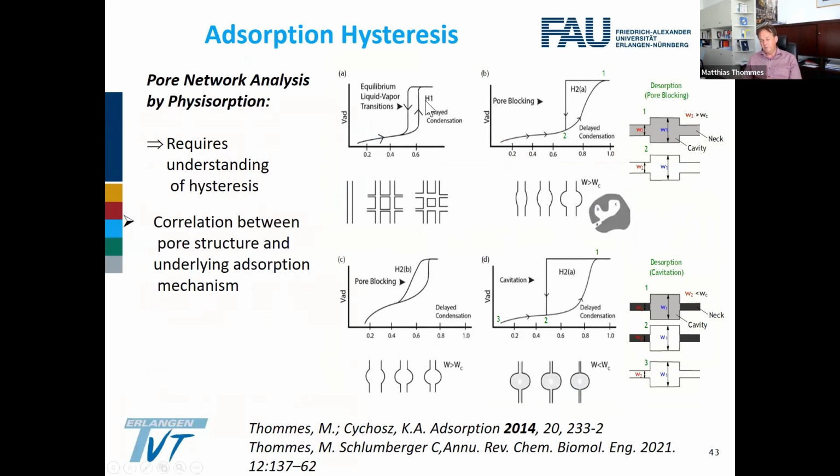However, the situation becomes more complicated if, in addition to this delayed condensation, we have pores which have necks. So in this case, like a series of ink bottle pores, which have different pore body sizes, but they have a certain given neck size. They have different cavity sizes, but the neck size is the same.